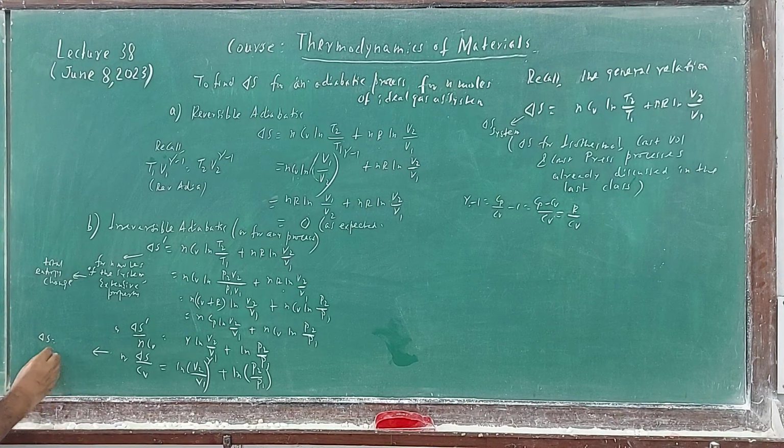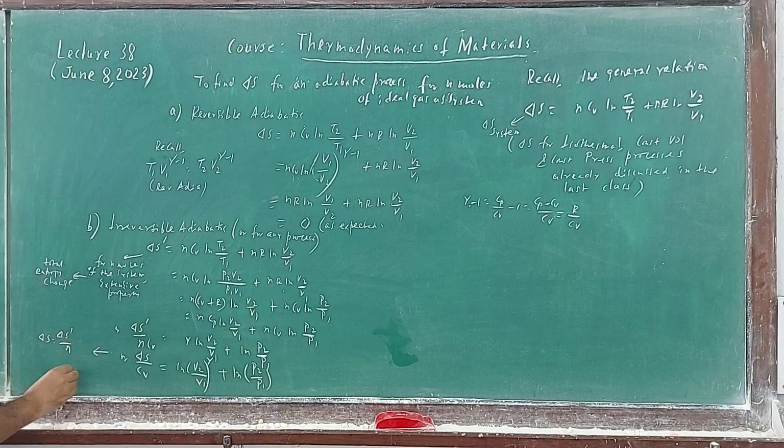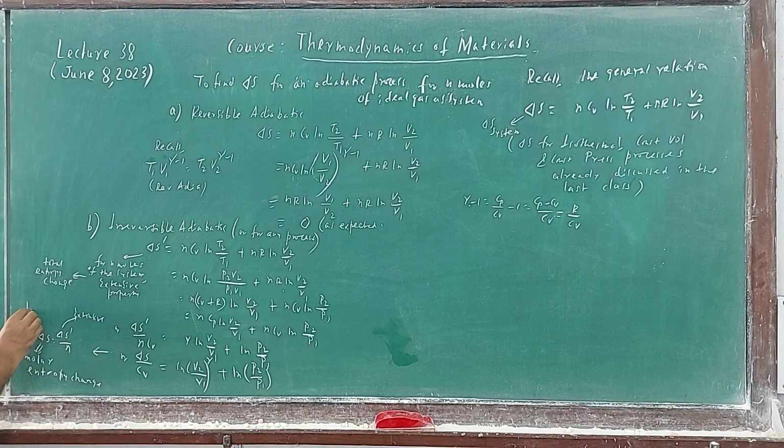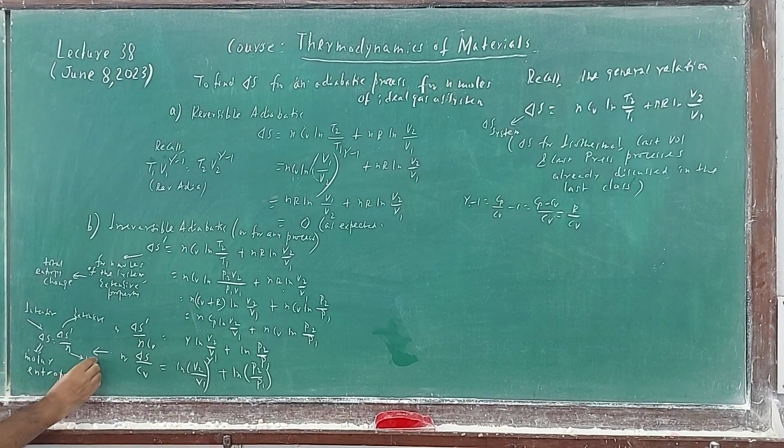So delta S is delta S prime by n. This is extensive, this is intensive, so this is the molar entropy change. You know this extensive, intensive rule. This is extensive, this is intensive. Recall that rule. This n also is extensive. Recall this. Okay, so all set.